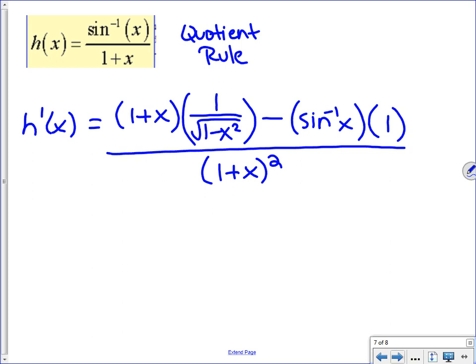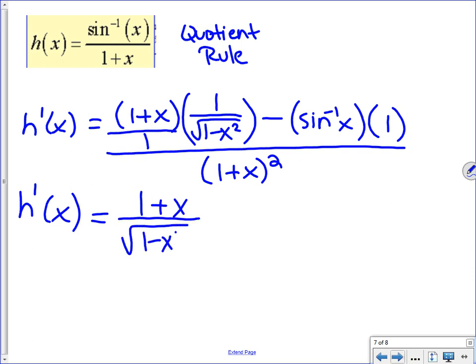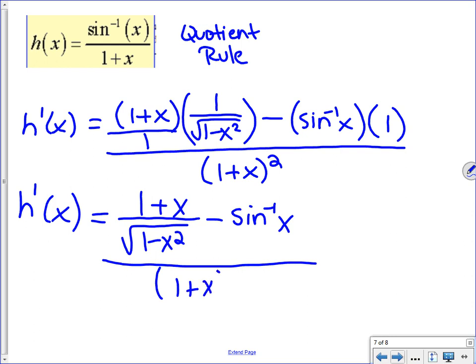Okay, again, we can clean it up a little, but not a whole lot. I would go ahead and multiply fractions in the numerator, because this is like 1 plus x over 1. So if you multiply that straight across, it'll be 1 plus x divided by the square root of 1 minus x squared, minus inverse sine of x, all over 1 plus x squared.